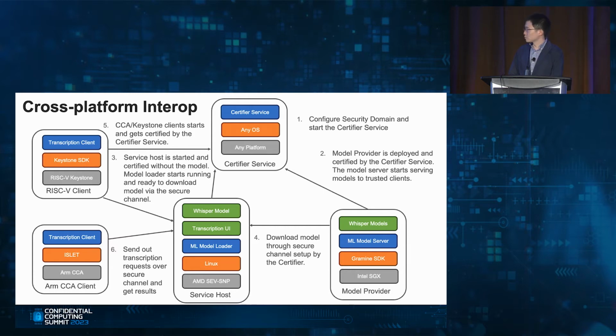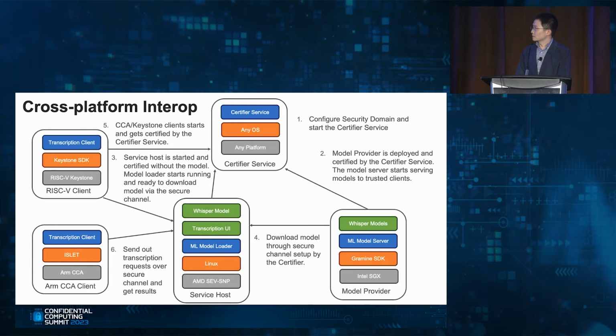We are going to deploy that speech recognition service in an untrusted cloud environment where it contains all the servers, for example, the web servers that you can use to do the speech recognition and the client server code. So the deployment image will not contain the model itself. Instead, it's going to be brought up and then get certified through the certifier service. And eventually, the model provider will transfer the model through the secure channel set up by the certifier service to the service host.